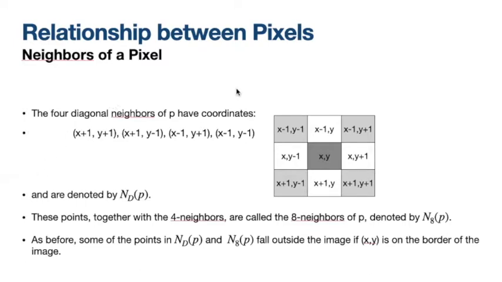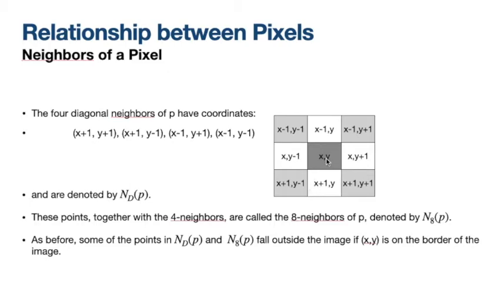Similarly, there are 4 diagonal neighbors also. If you see this image, you can understand: these pixels which are diagonal to this pixel P at position x y are called the diagonal neighbors, and it is denoted as ND of P. That is the pixels x minus 1 y minus 1, x minus 1 y plus 1, x plus 1 y plus 1, and x plus 1 y minus 1.